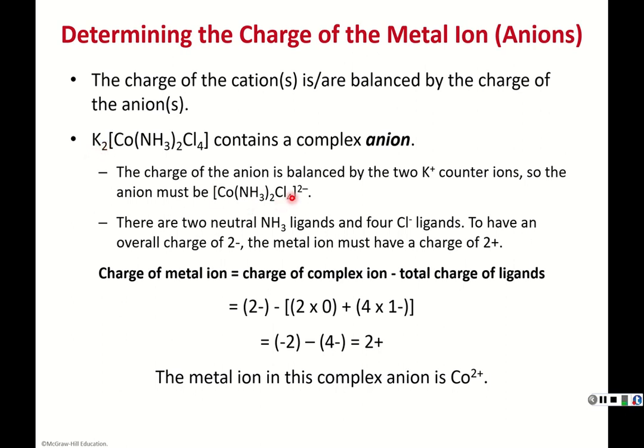If we looked at just that coordination compound, the cobalt diamine tetrachloride has an overall charge of -2. So we need those 2 potassium plus counterions. There are neutral ammonia ligands, and those again are written first, before the negatively charged chloride ligands.